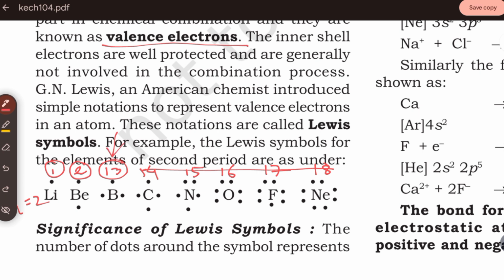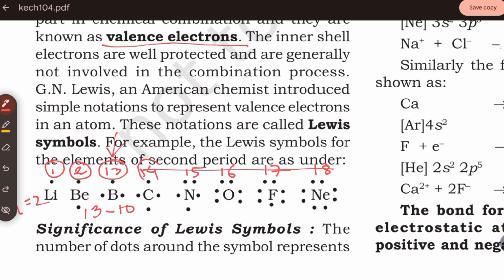Why? Because for such cases, what is the valency over here? See, group number 13 means here I will say 13 minus 10, that is equal to 3 valence electrons. Why 10? Because d block elements are there, 10 groups are there.